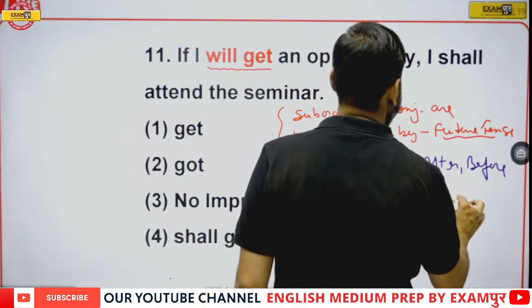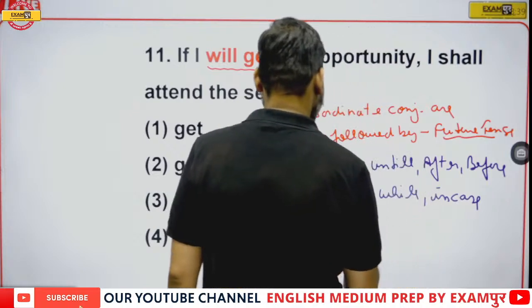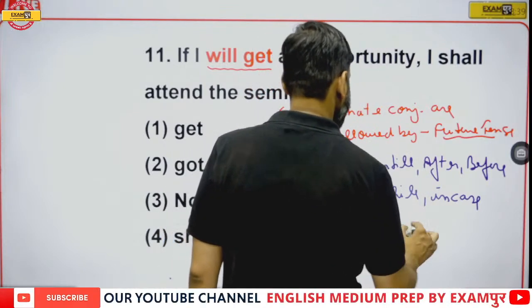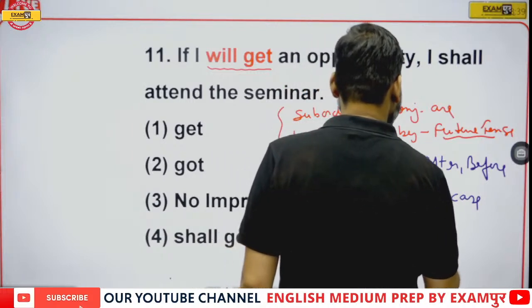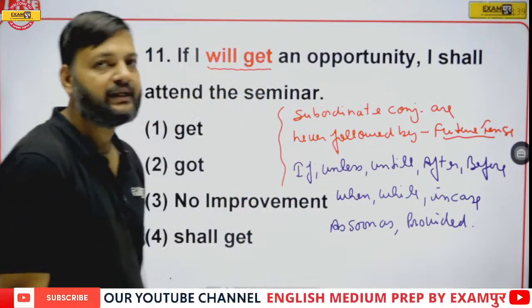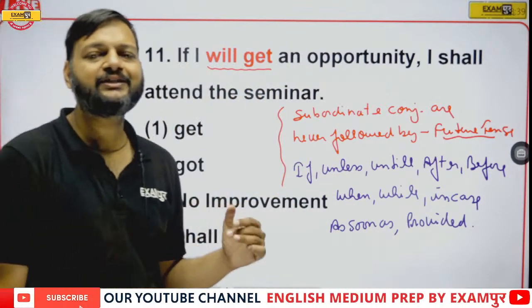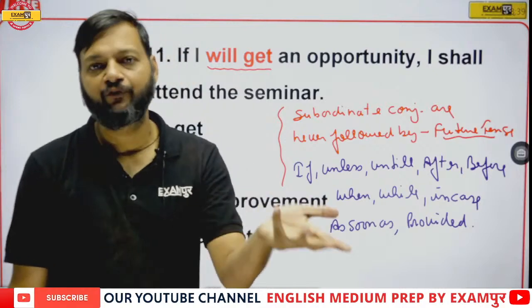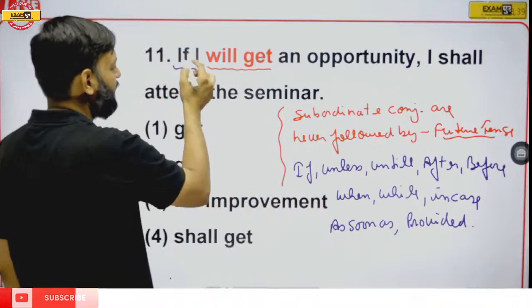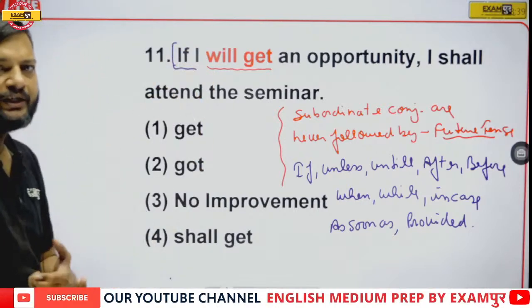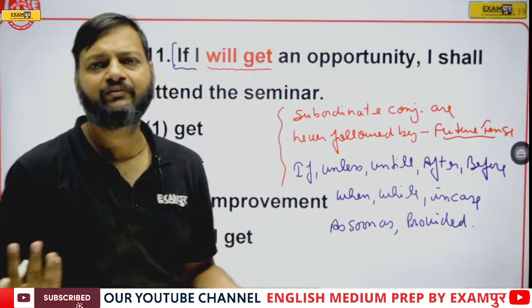In case, as soon as, provided. Okay, all these are subordinate conjunctions, and subordinate conjunctions are never followed by will or shall, that means future tense. So here we have if, and if is a subordinate conjunction, thus it is never followed by a future tense.